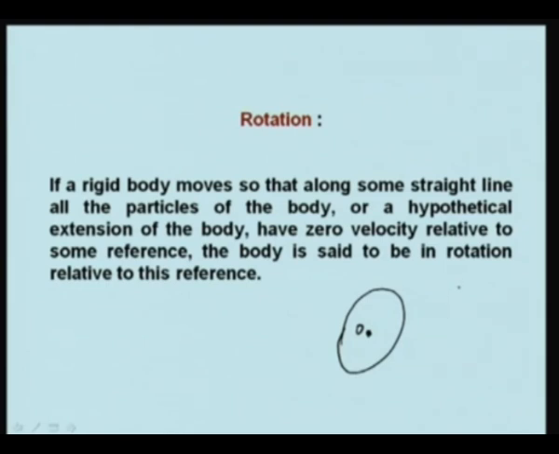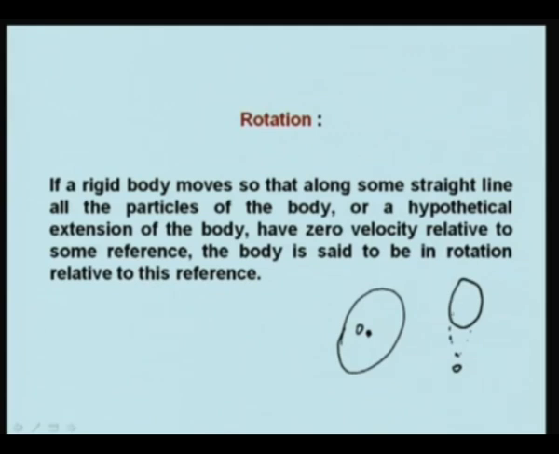Consider the other case, the body may be rotating about this point O, which is not in the body. Hypothetically, if we extend the body up to that point, it is rotating about this point. Therefore, we can have the axis of rotation outside the body also.